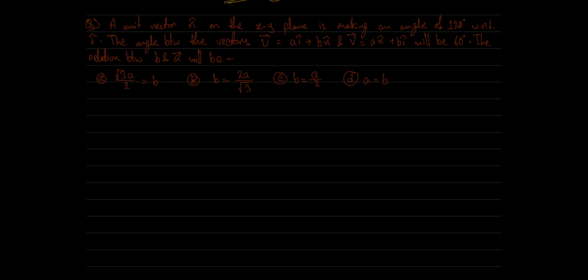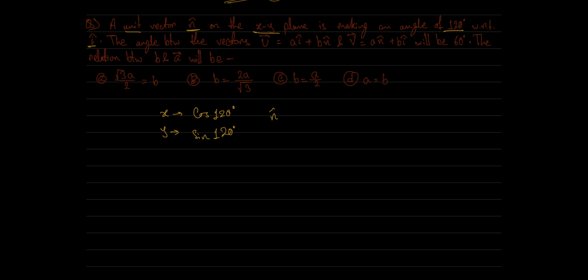Now let's do some questions. Like in this question we have a unit vector, that is n cap, in xy plane, which is making an angle of 120 degree with respect to the i cap. So the x component will be cos 120 degree and y component will be sin 120 degree.